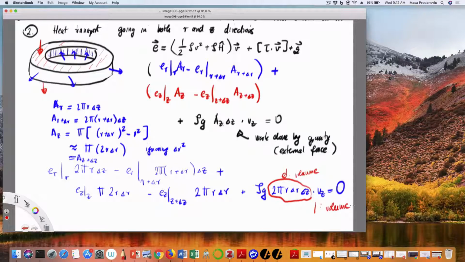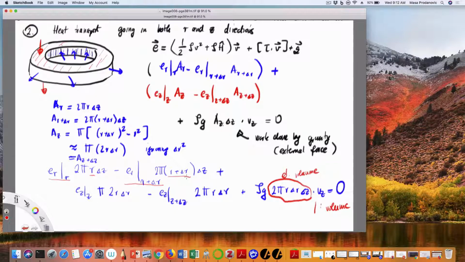And then I'm going to also recognize that I have here ER evaluated at R times R, and then ER evaluated at R plus delta R times R plus delta R. The 2 pi part is going to disappear, delta Z as well, and that's basically divided by R delta R, right?